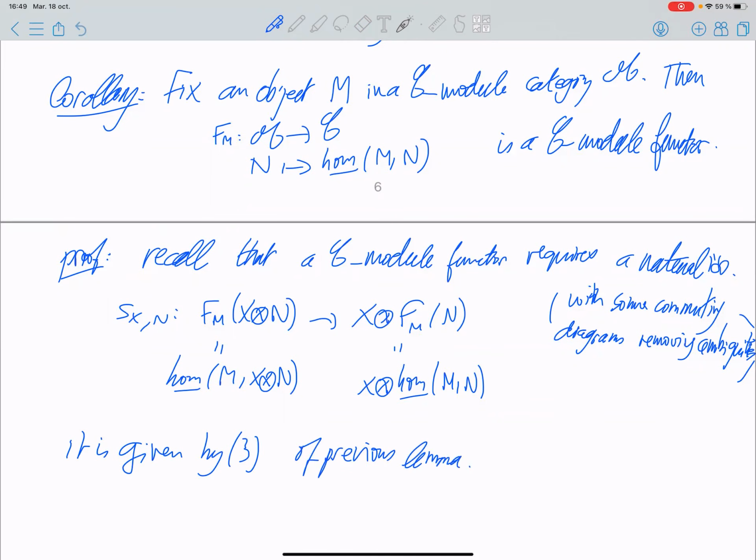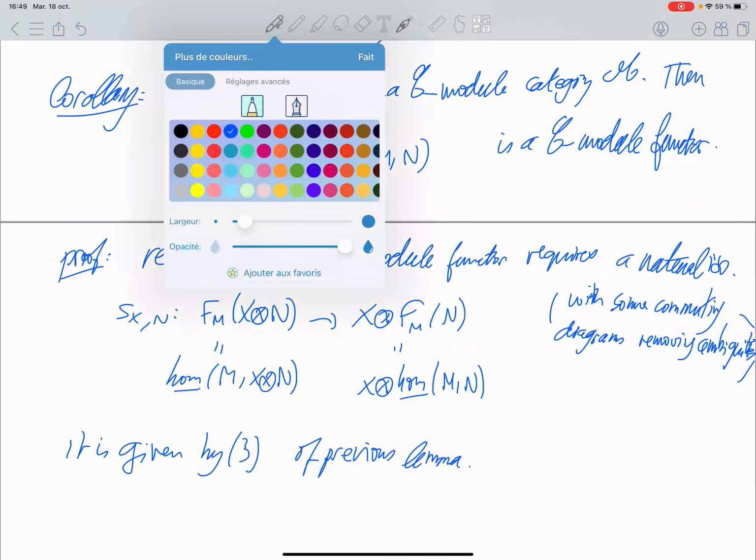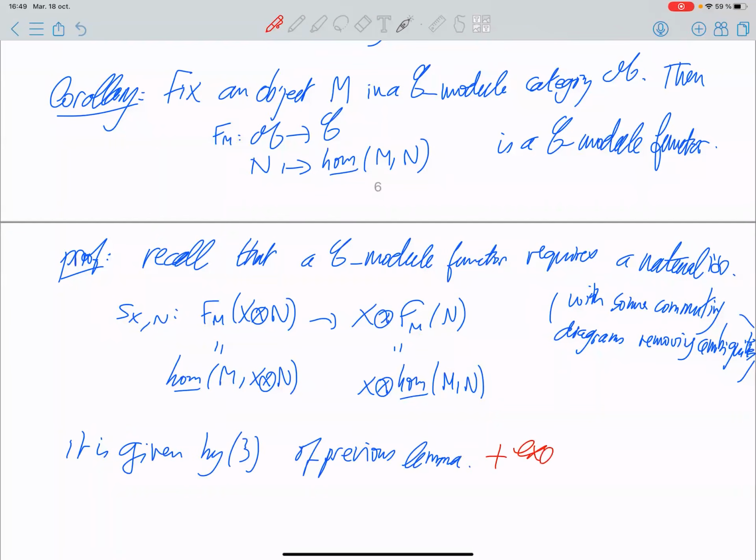And as an exercise, check the commuting diagram. Okay.